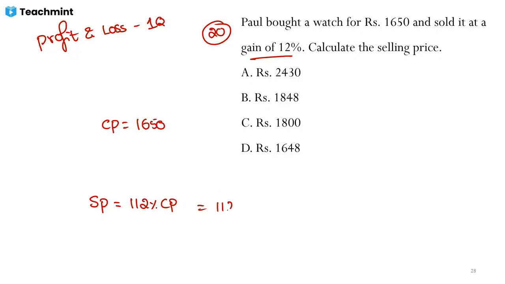So 112 divided by 100 into 1650. 56 into 30. We can write this as 11 into 168, which is 1848.